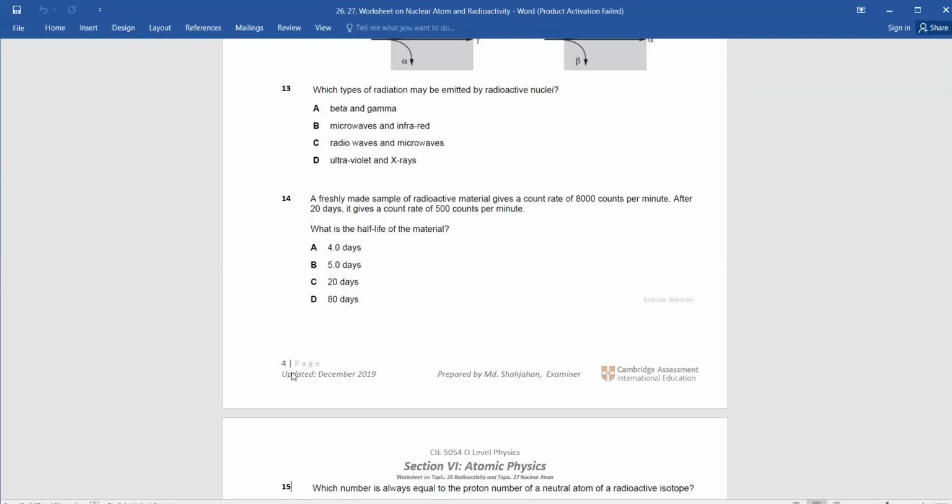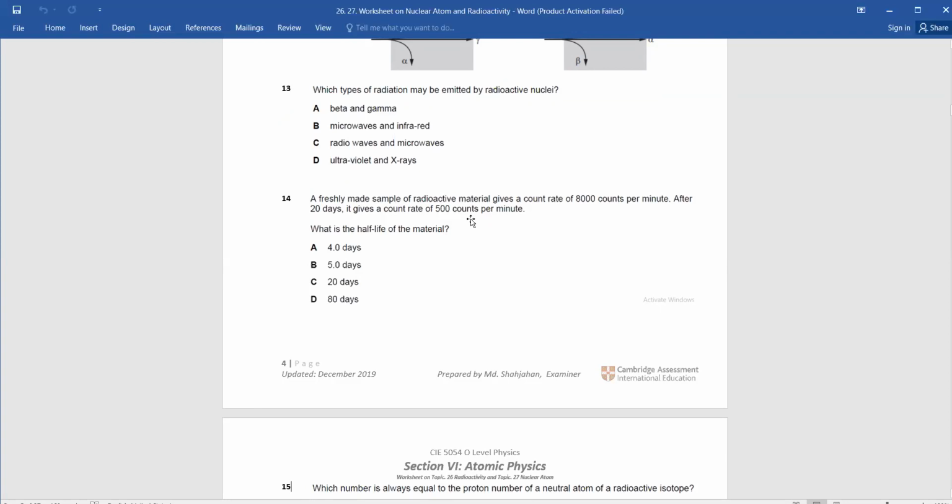Let him try. Let us calculate our answer. So it was 8,000, right? And it now gives a count of 500. So how many half-lives are there?